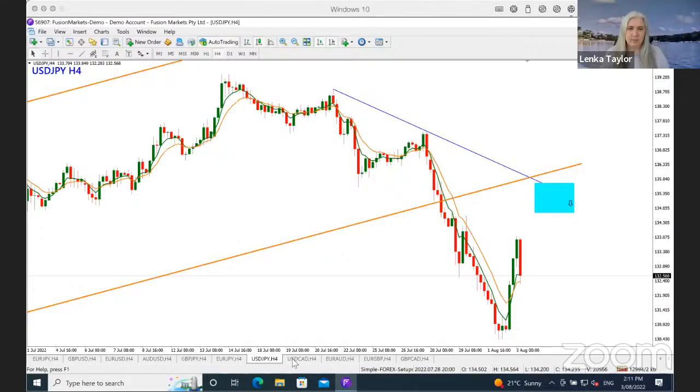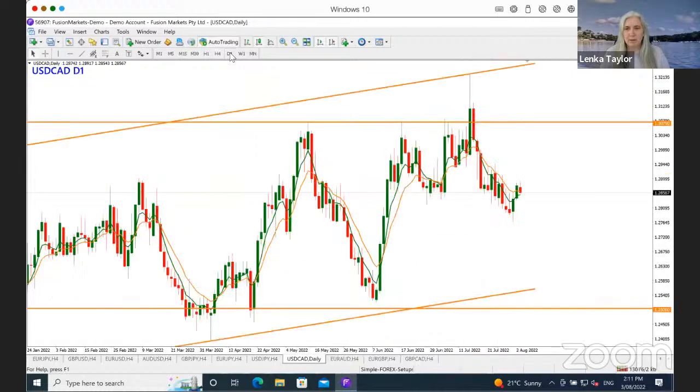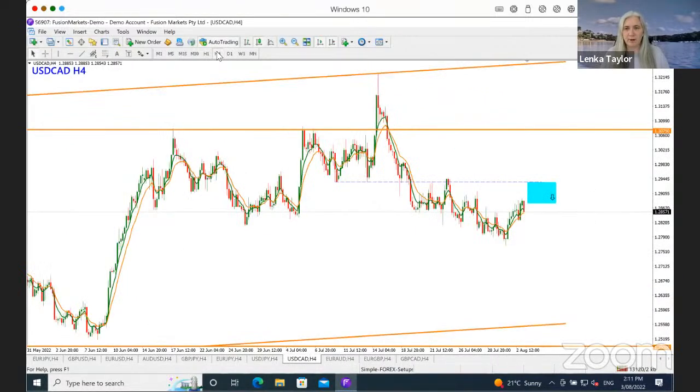Next currency pair I'm looking at is USD CAD, and I'm looking for short. Here, this is the daily time frame. The price overall is going up. We've now had 3 touches and 1 false break, and the price action going down. It is currently at that level of support on the lower time frame.